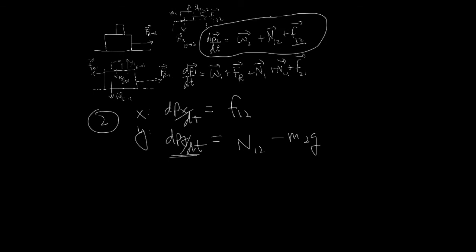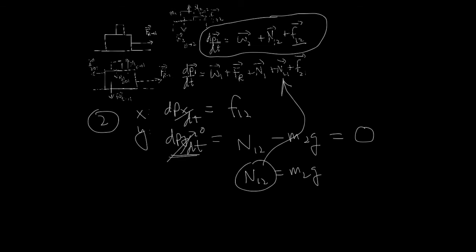The y component momentum is going to be constant, so the rate of change of the y component momentum is 0. This is incredibly important to recognize because it means this equation is simple and easy to solve, and it just says that n12 must be equal to m2g. That's also quite nice because by reciprocity n12 is connected to n21.